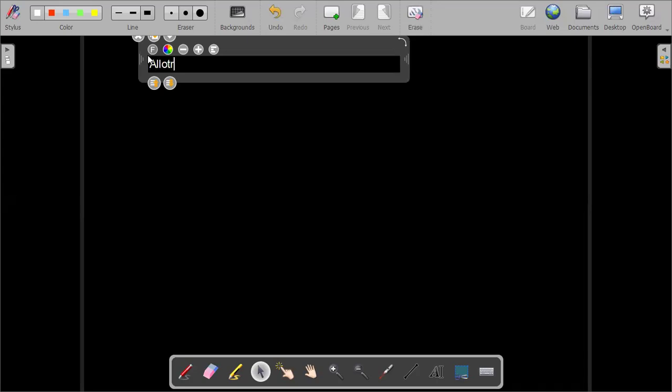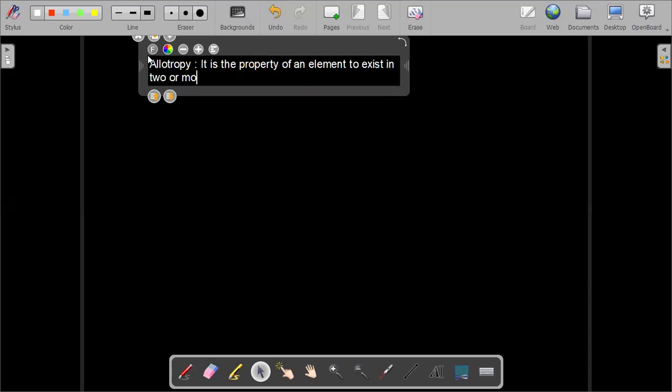allotropes of carbon, or we can say allotropy. Allotropy is the property of an element to exist in two or more physical forms at the same time, under similar conditions.